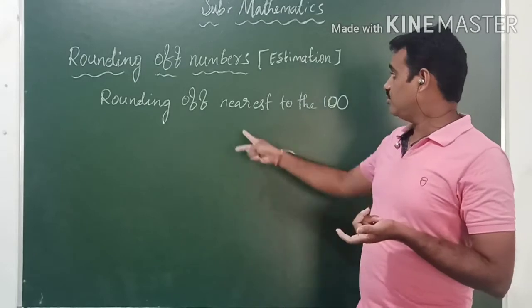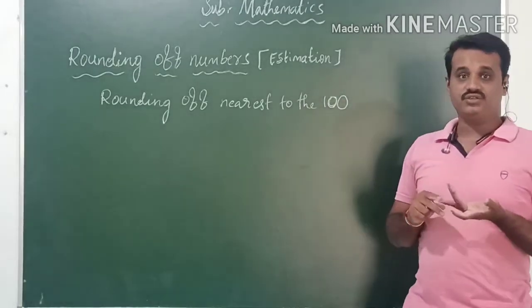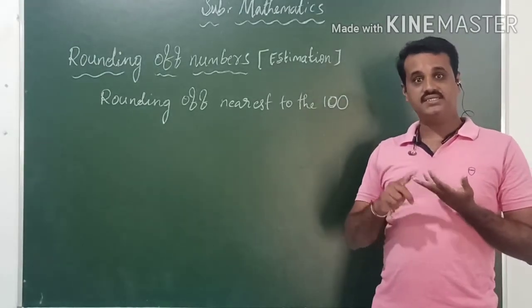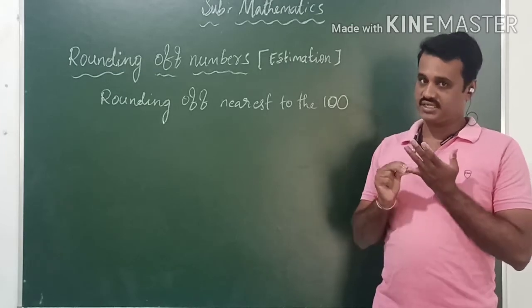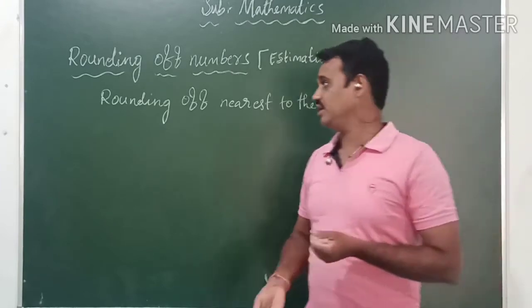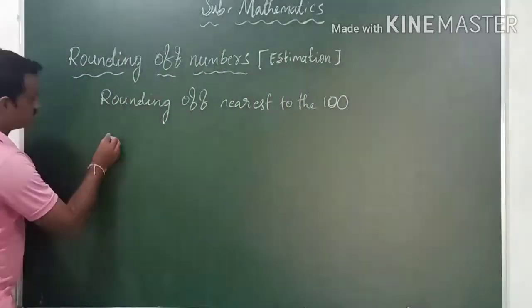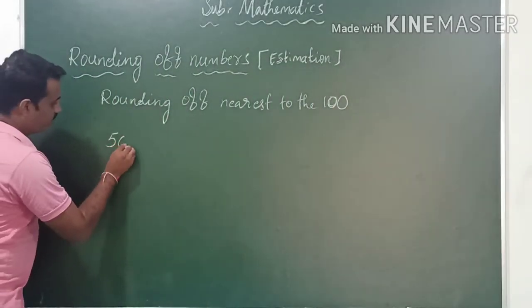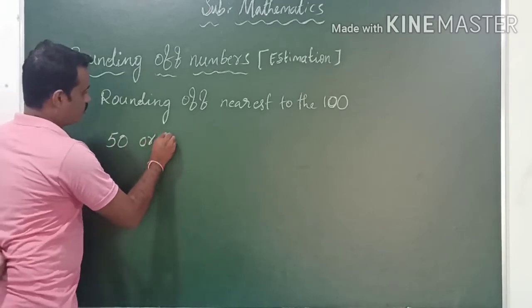Okay. When you round off to the nearest 100, you have to look at the ones, tens, and hundreds. Mainly you have to concentrate on only the ones and tens.